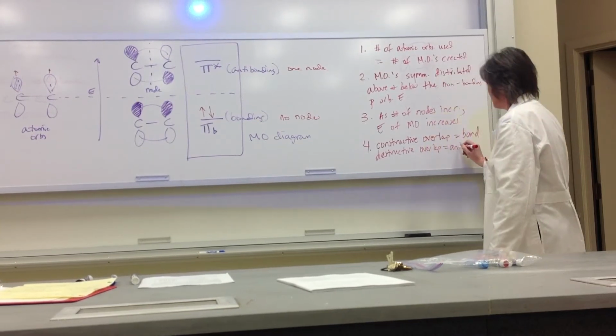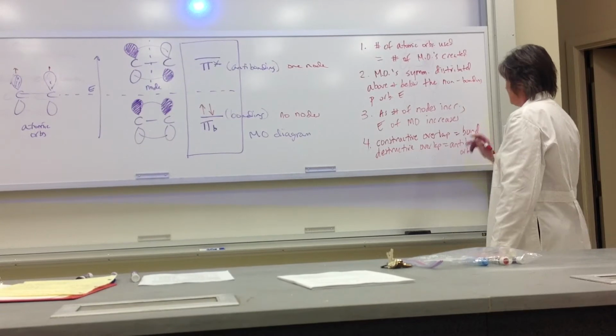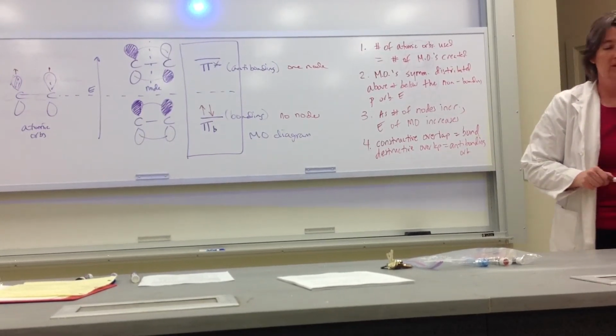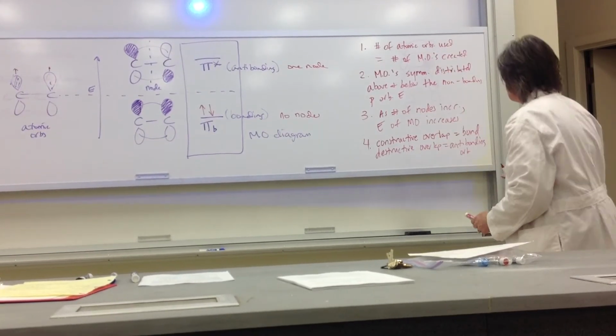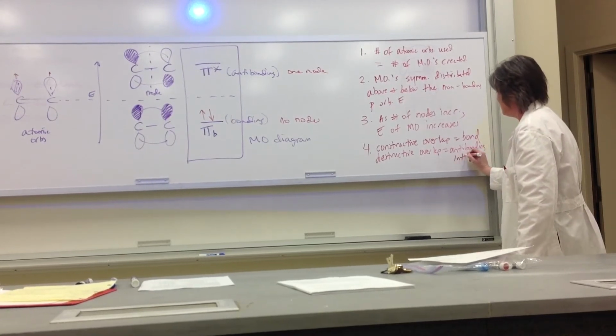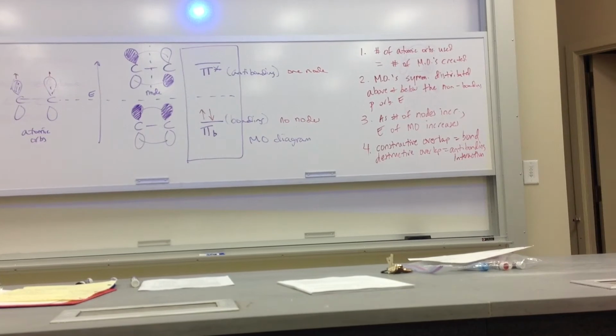That's an antibonding orbital. Destructive overlap is going to cause us to have anti-bonding. Let's do anti-bonding interactions. Let's not put orbitals because that's not going to be quite true. You'll see in a minute why I wanted to change that. Anti-bonding interactions.